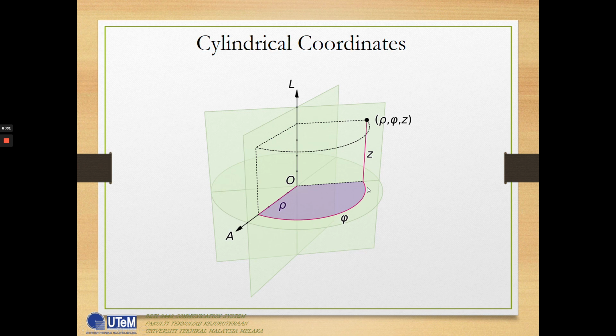So this distance and this angle will replace the x and y, but we will keep the z. Means x, y, and z are no longer used, but instead we will represent in rho, phi, and z. And rho signifies basically the distance from the origin.